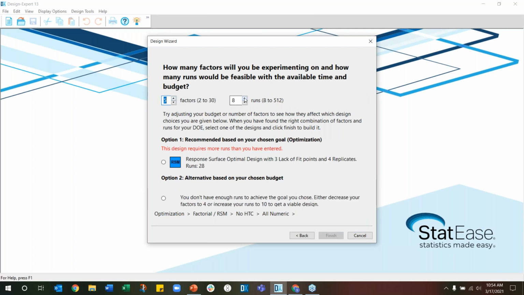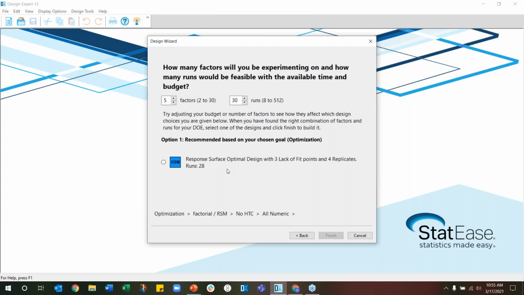Maybe I have 5 factors and I can do 30 runs. Then it would recommend a particular type of design. If I can bump this up to 32 runs or 36 runs, maybe there are other options. How about we reduce it to 24?